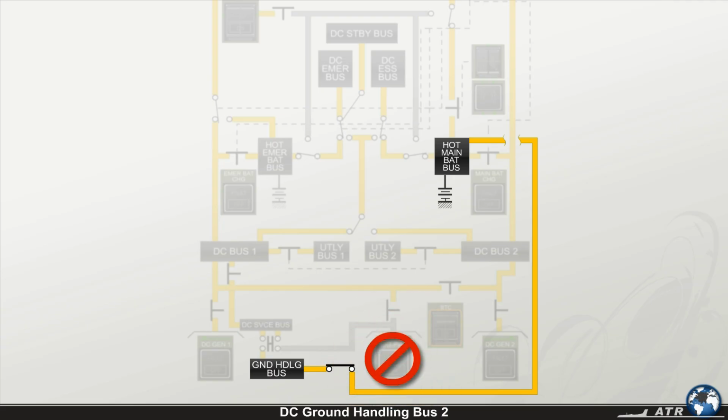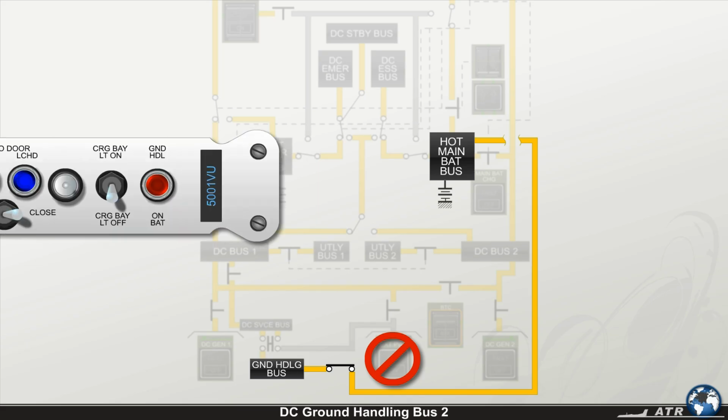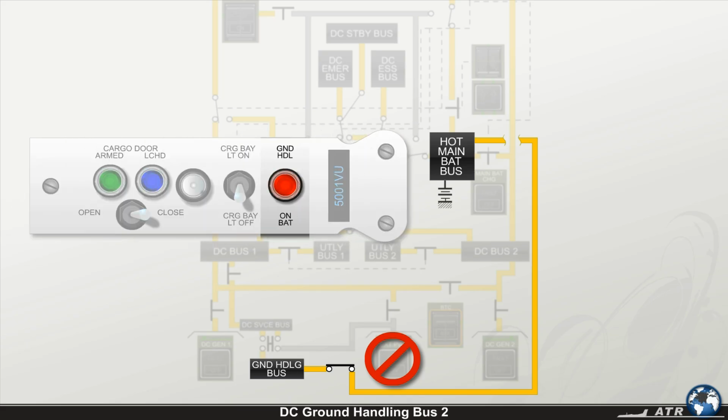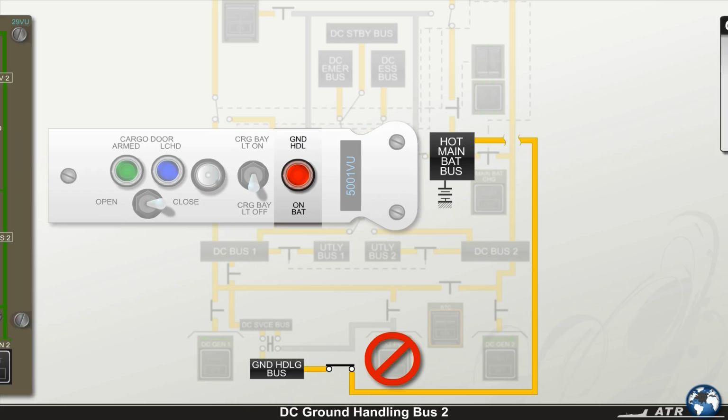If no ground external power unit is available, the ground handling bus draws the voltage from the hot main battery bus. This is indicated by illumination of the red light on the cargo door control panel, visible even when the access door is closed.